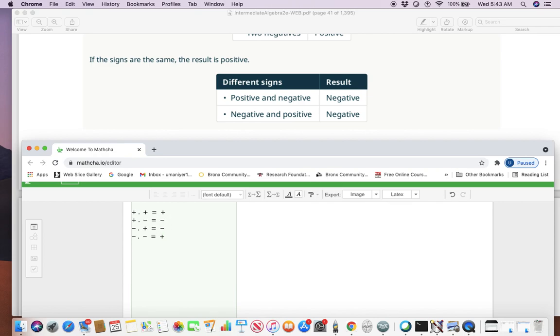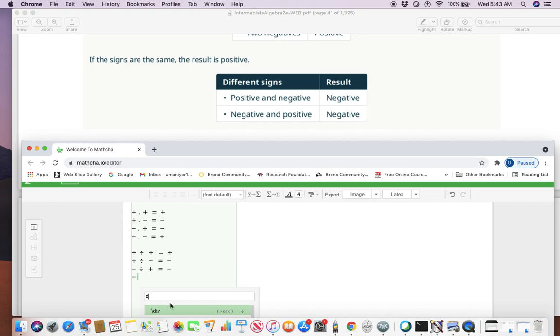The same result holds true for division. Positive divided by positive is positive. Positive divided by negative is negative. Negative divided by positive is negative.